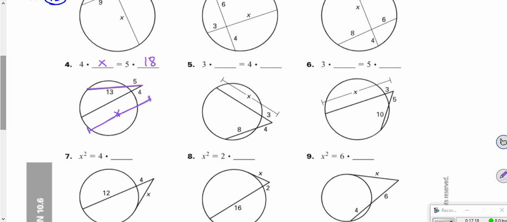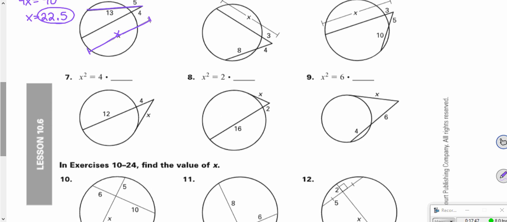So 18 times 5 is 90. We've got 4x equals 90. So that means x equals 22.5. I'm fine with decimals here. Hope you guys see that.